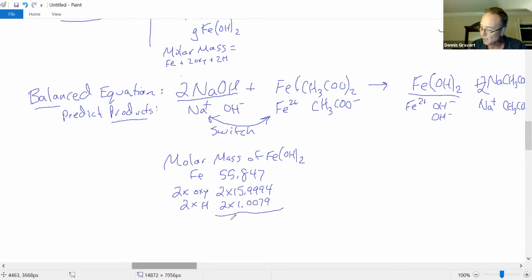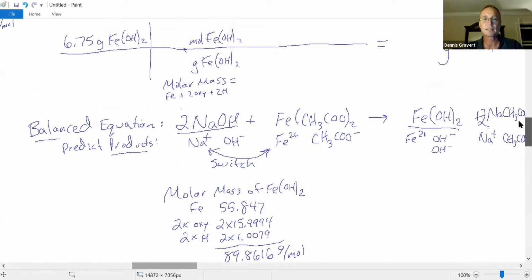Add that all up and I get 89.8616 grams per mole. 89.8616. All right. So every 1 mole of iron hydroxide will weigh 89.8616 grams.